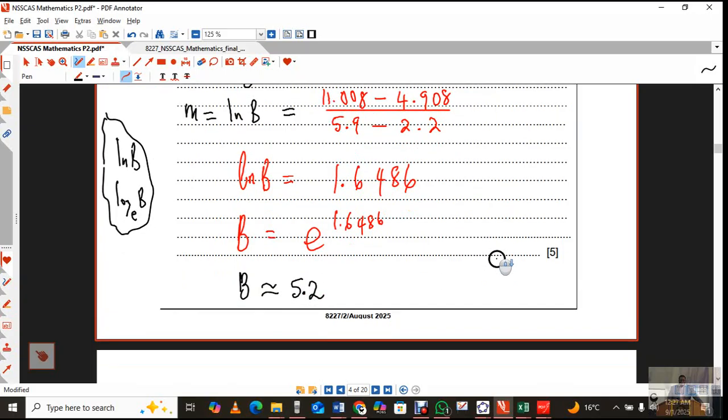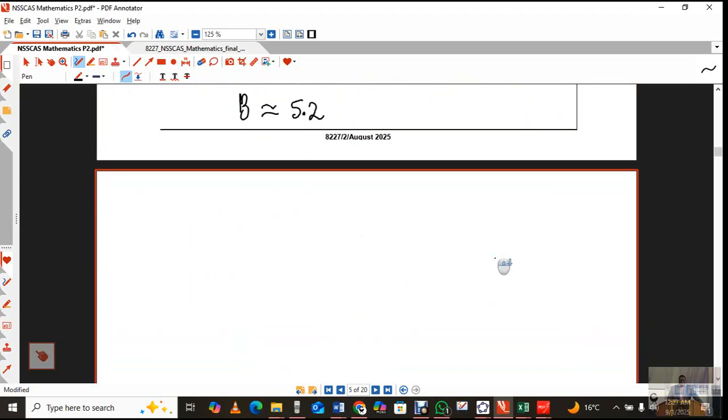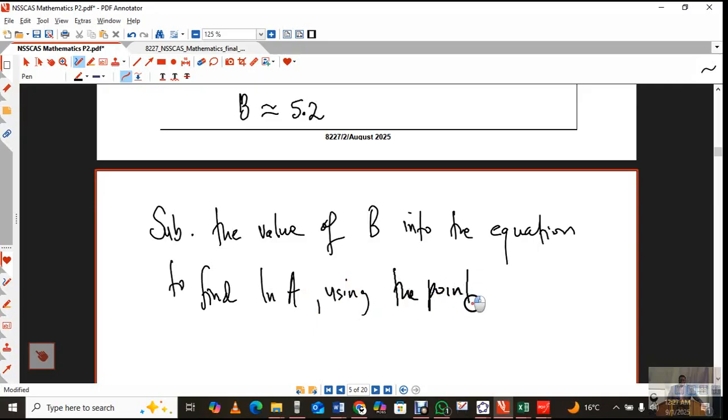Now let's go back to our equation. We are going to substitute the value of b that we got into the equation to find the natural log of a. We're also going to use a point, so I'm going to choose which point to use.